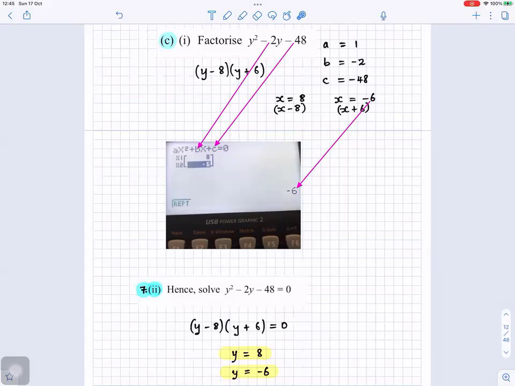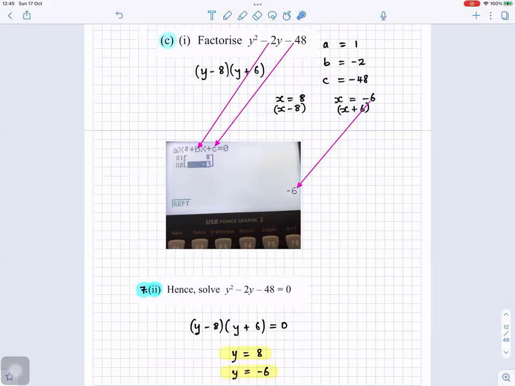So if you use your calculator, a is 1, b is minus 2, c is minus 48. And your calculator will give you x equals to minus 6 and x equals to 8. Minus 6 goes to the right, it becomes x plus 6. Plus 8 goes to the left, it becomes x minus 8.